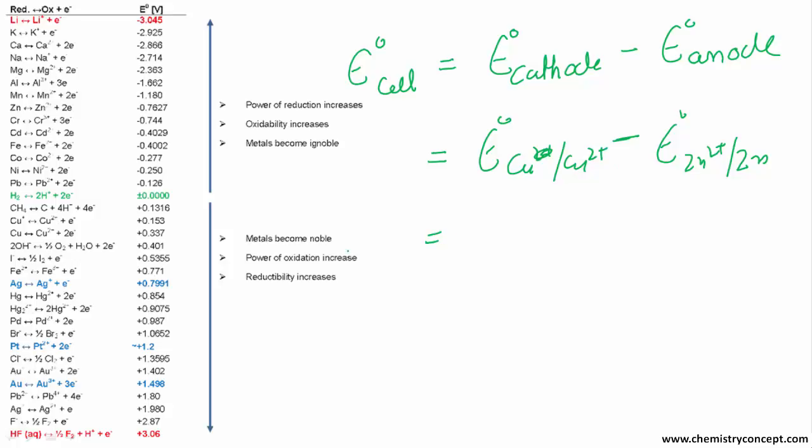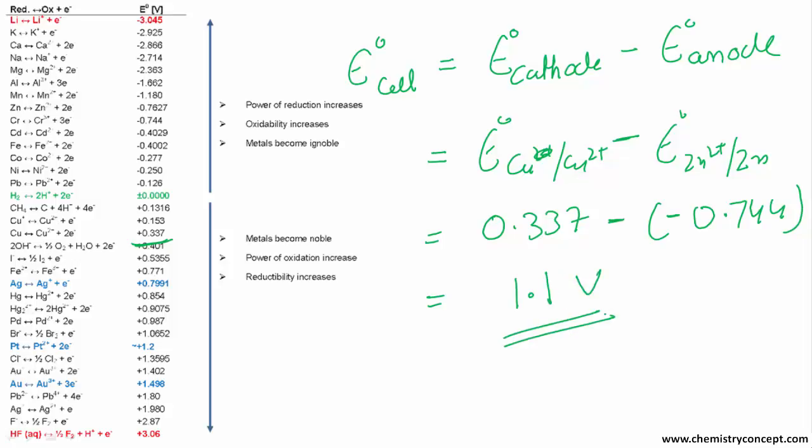The values are, for copper 0.337, minus, for zinc minus 0.744. Solving, the value comes out to be almost 1.1 volt.